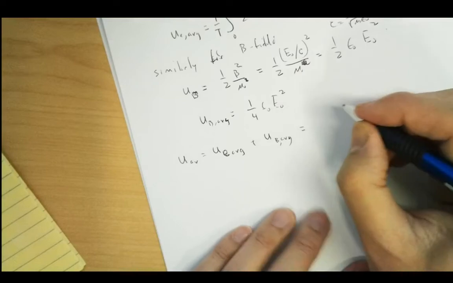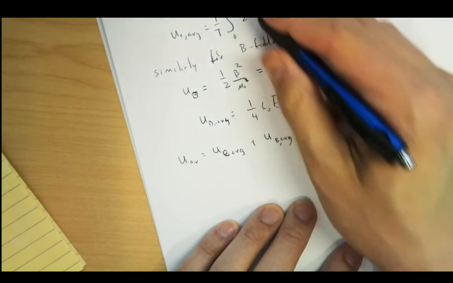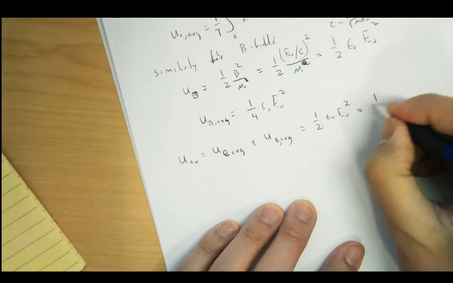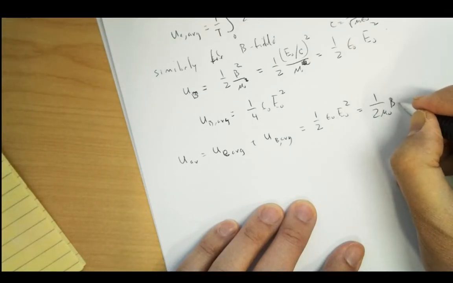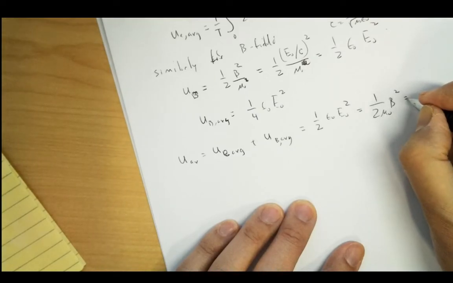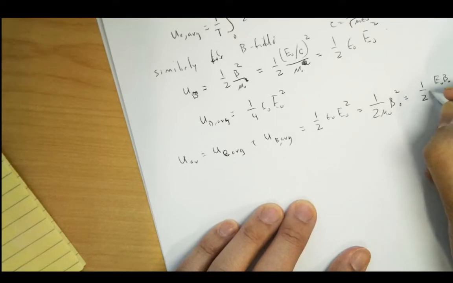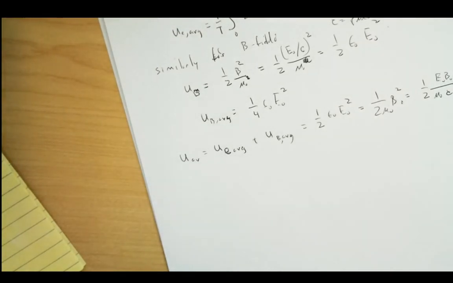That's 1/4 plus 1/4, which is 1/2 epsilon 0 E0 squared. That is also equal to 1 over 2 mu 0 B squared, and that's also equal to 1/2 E0 B0 divided by mu 0 c. Okay, so there are 3 different ways of writing the same thing.